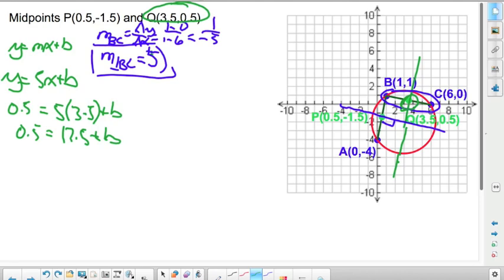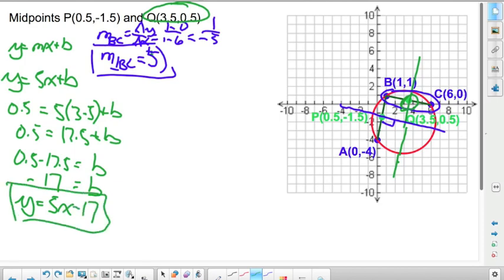Yeah, so subtract 17.5 from both sides. So B is equal to negative 17. So my equation for my green line is y is equal to 5x minus 17. So we have one equation. Right? Now we just need the equation of the blue line.